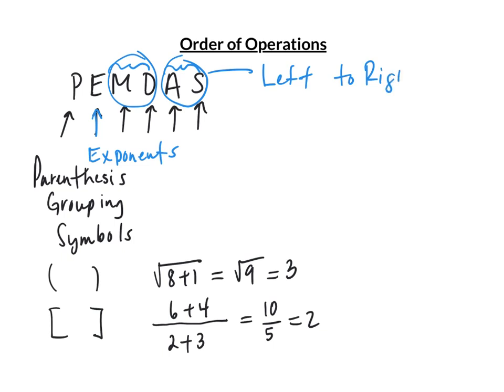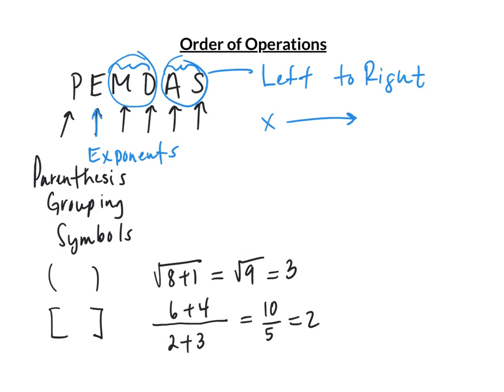So just like you read a book, you start at the left and you go to the right. But keep in mind, you have to do all your multiplying and dividing before you do any adding and subtracting. You do not multiply first, you do not divide first, you do whichever comes first, left or right. Once you've done all the multiplying and dividing, you go to adding and subtracting. You do not add first, you do not subtract first, you do whichever comes first, left to right.